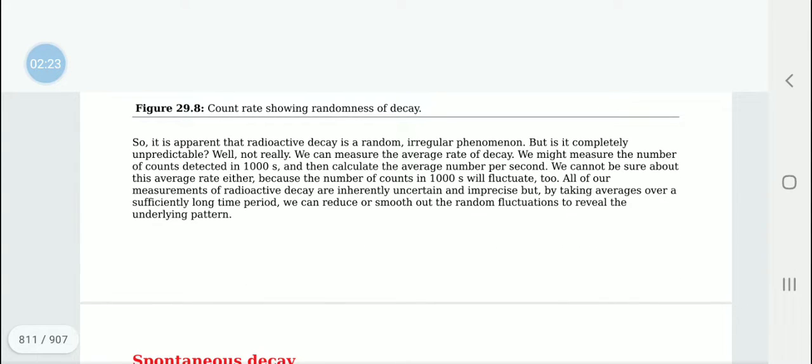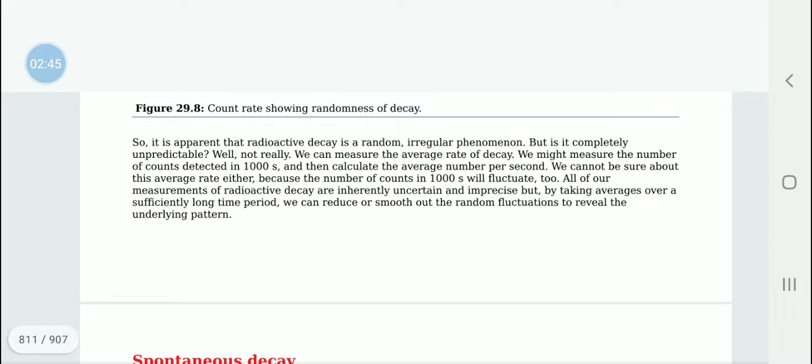Radioactive decay is random, and also it is irregular. But there is some predictability. We can get the average rate of the decay.